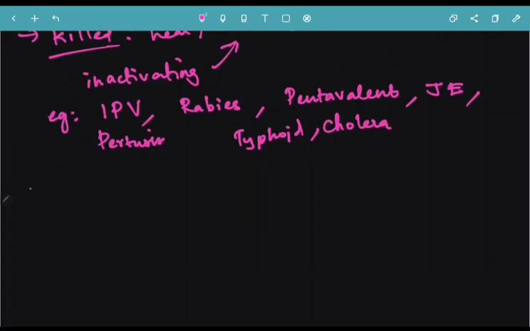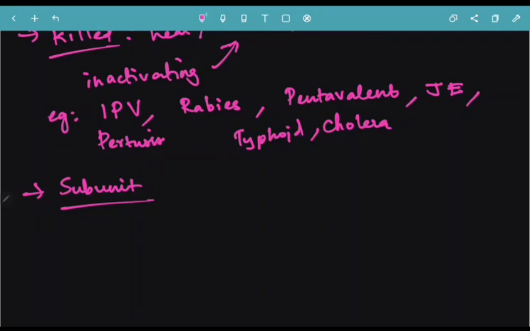Now moving on to the next type of vaccine, which is your subunit vaccine. So what do you mean by subunit vaccine? A subunit vaccine is made up of single or multiple antigenic components of a microorganism.